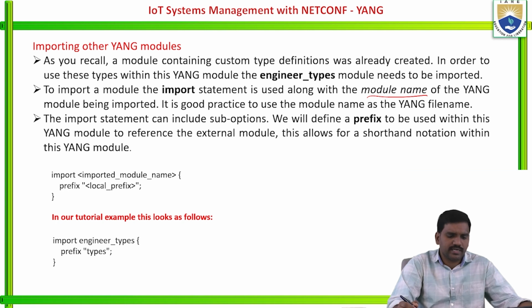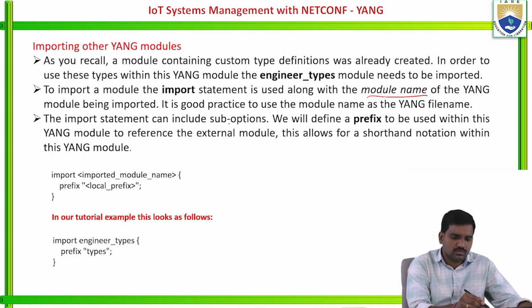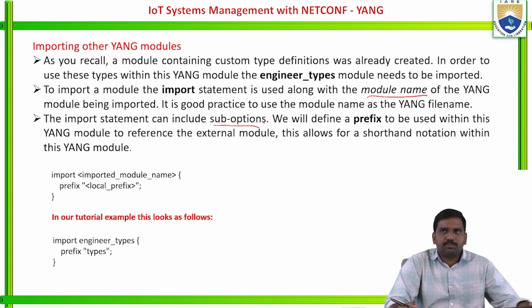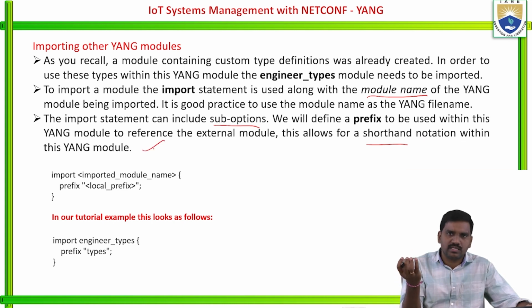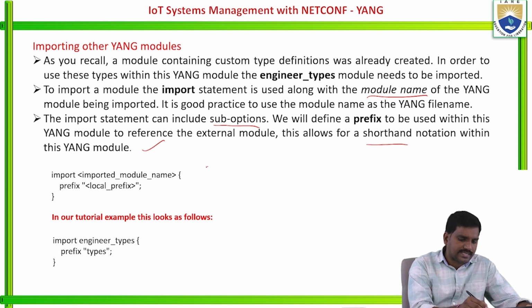Next, the import statement can include sub-options also. We will define a prefix to be used within this YANG module to reference the external module. This also allows for a shorthand notation within the YANG module. So these are some statements regarding how to import from other YANG modules. These are the syntaxes: import, then the imported module name, then start bracket, prefix.